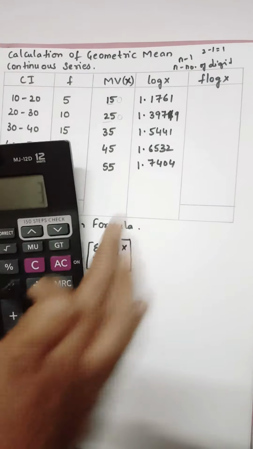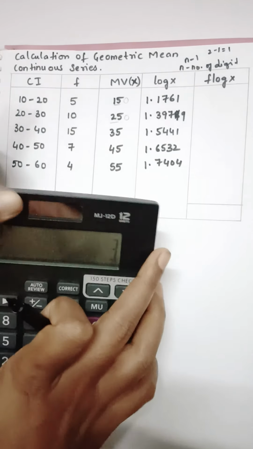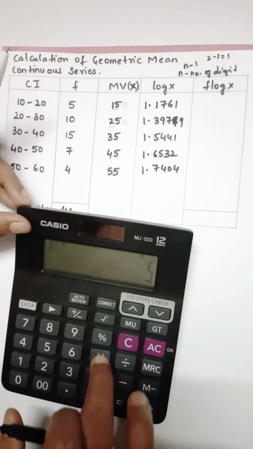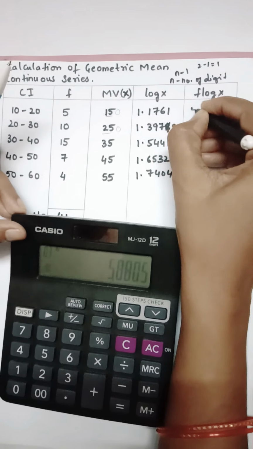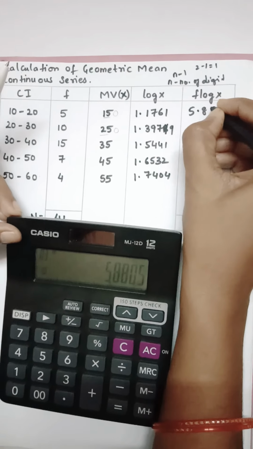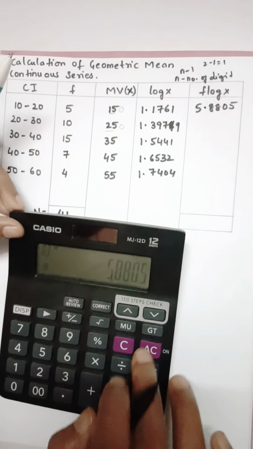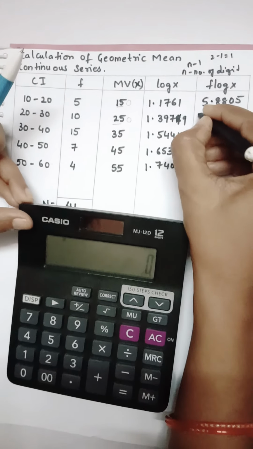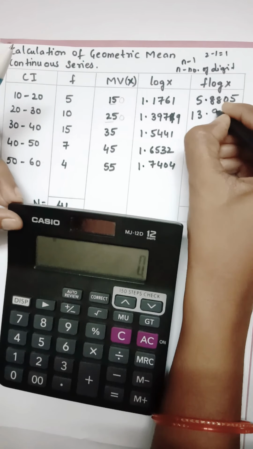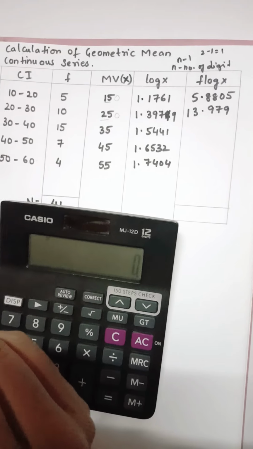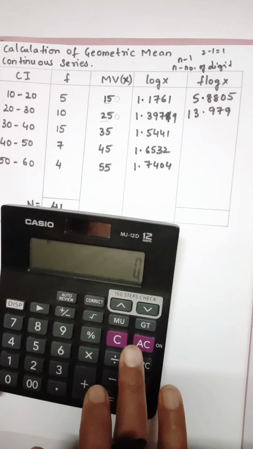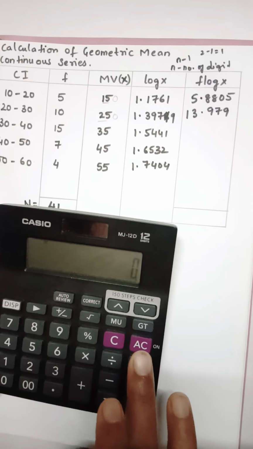Now the next step is we need to multiply with f. Whatever log x values you got, you need to multiply with f. So 5 into 1.1761 is 5.8805. Next, 10 into 1.3979 is 13.979.